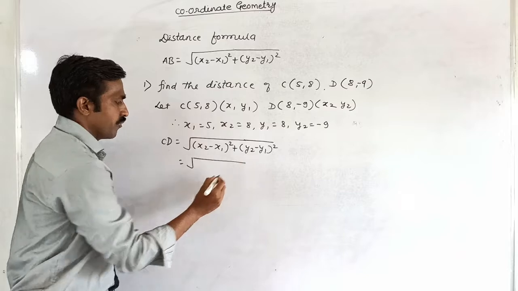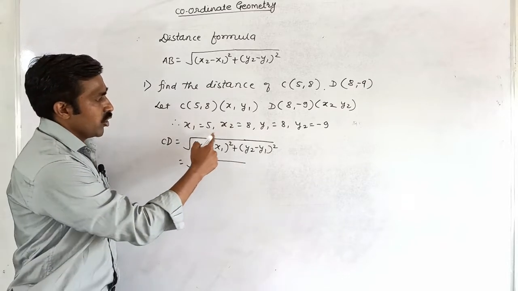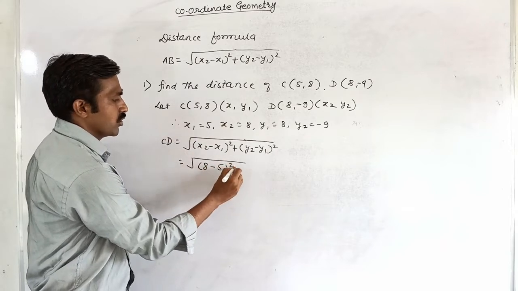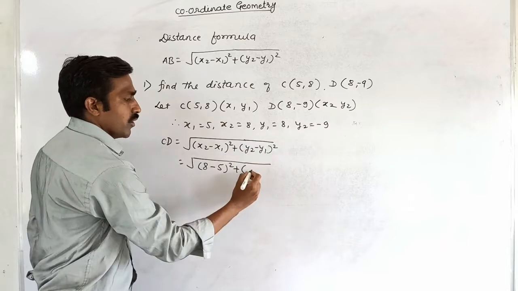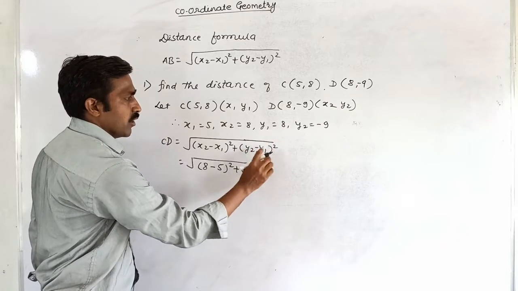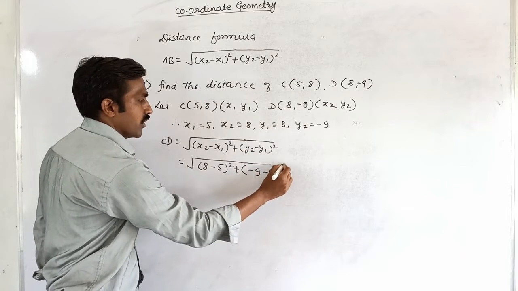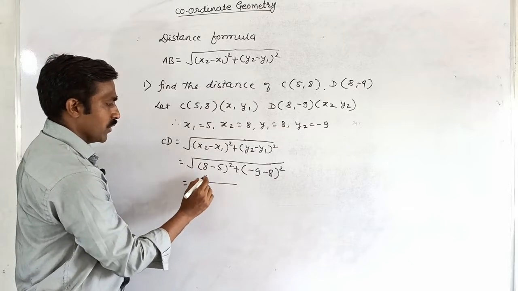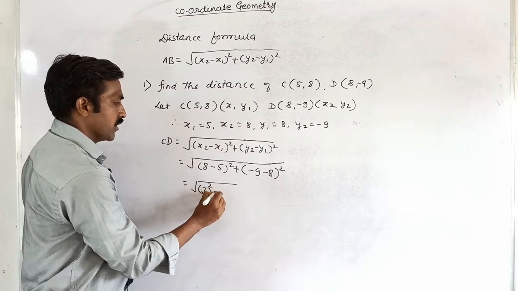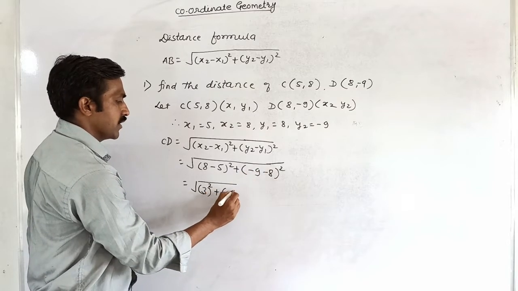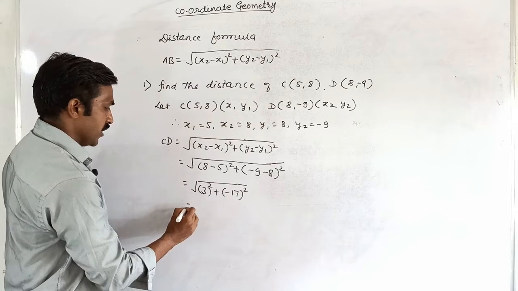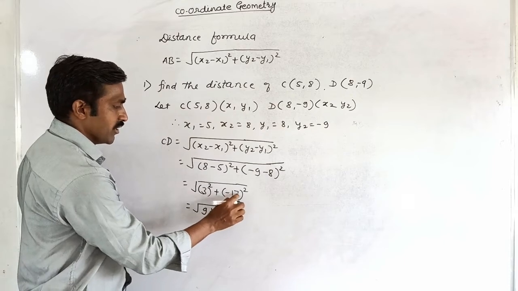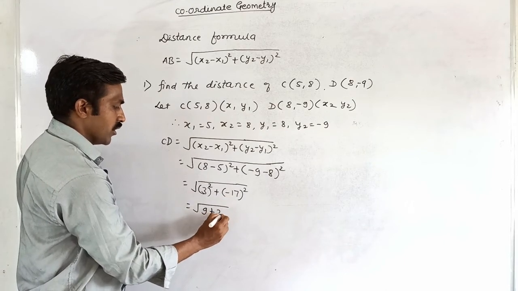Now put the value of x2 and x1. The value of x2, 8, minus the value of x1, 5, whole square, plus the value of y2, minus 9, minus the value of y1, 8, whole square, is equal to the square root of (8 minus 5) which is 3 square, 9, plus (minus 9 minus 8) which is minus 17 square, meaning 17 square is 289.